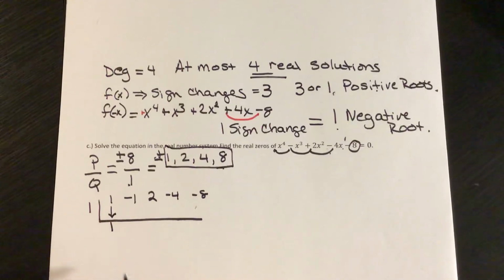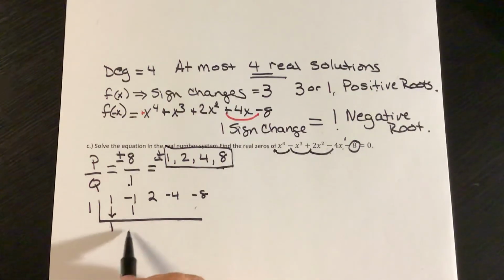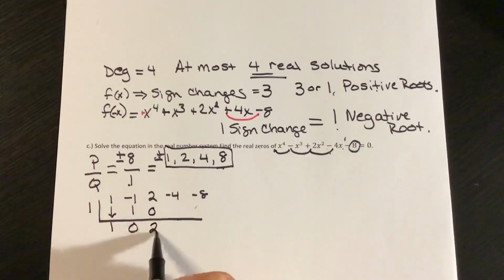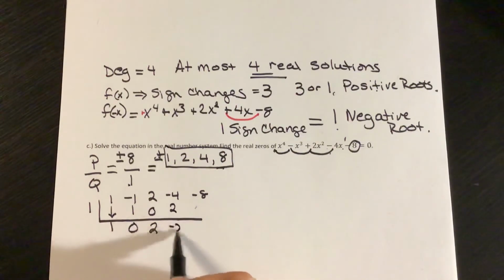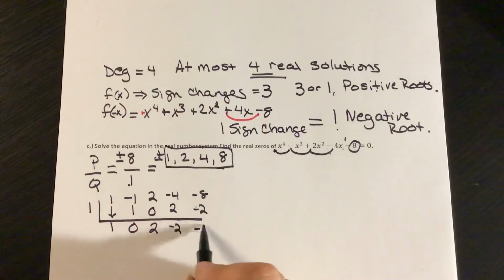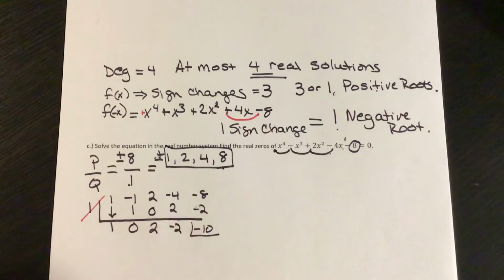Bring it down, I get 1. 1 times 1 is 1, add, I get 0. 1 times 0 is 0, add, I get 2. 1 times 2 is 2, add, I get negative 2. 1 times negative 2 is negative 2. This is negative 10, so 1 is not a 0.